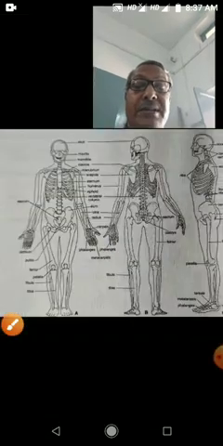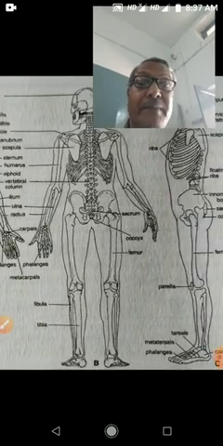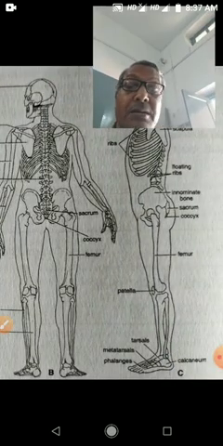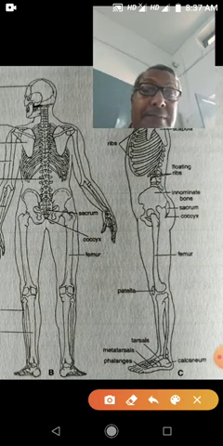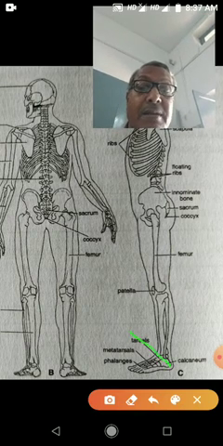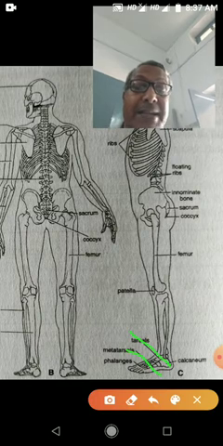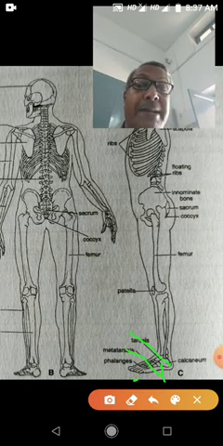Now next you see the bones which are present in the foot. In the ankle there are tarsals. 7 bones are present in the tarsals. 5 bones are present as metatarsals in the foot, and 14 phalanges.